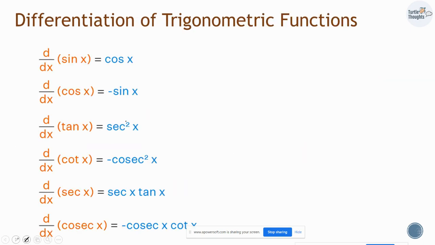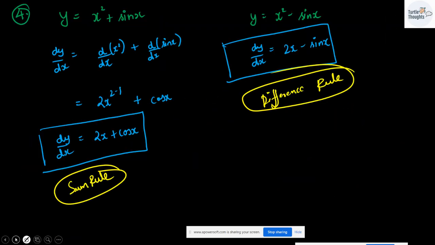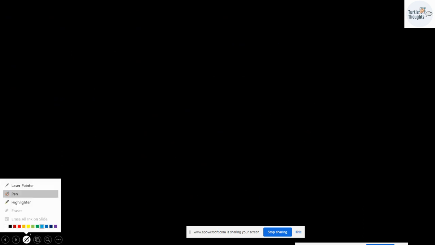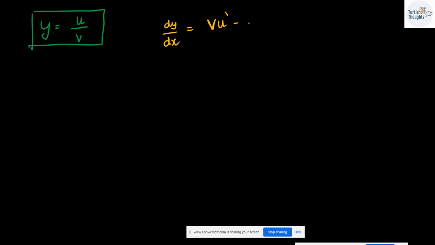So let me write it in the form of u and v, so it is going to be easier. If I have y as u divided by v in this form, then the quotient rule says that the differential of y with respect to x is given by the function in the denominator, which is v, multiplied by u dash minus u multiplied by v dash, divided by v square.